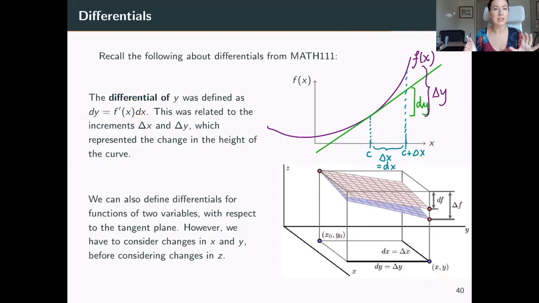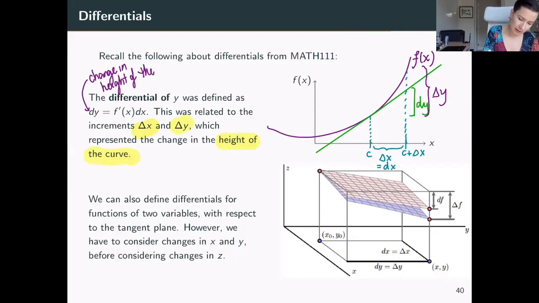And again, those increments of delta x and delta y represented the change in height of the curve, whereas this dy is the change in height of the tangent line. And that change in height of the tangent line is what we called the differential of y.